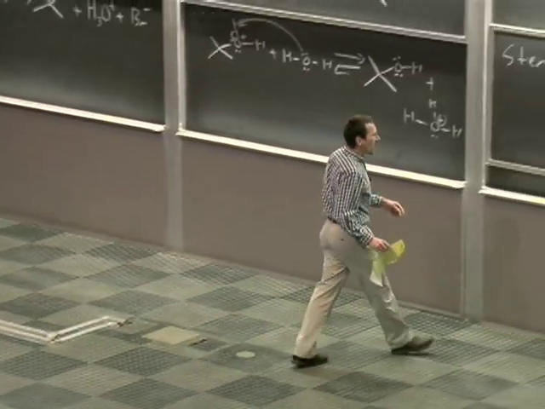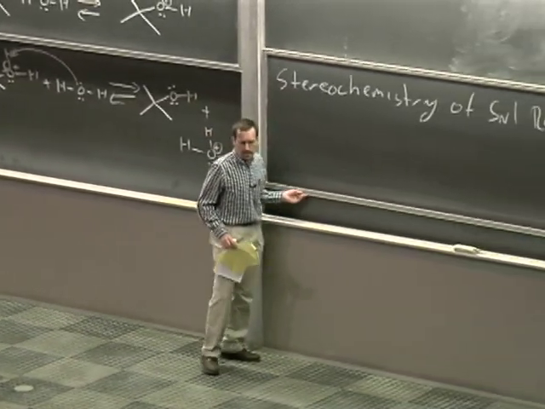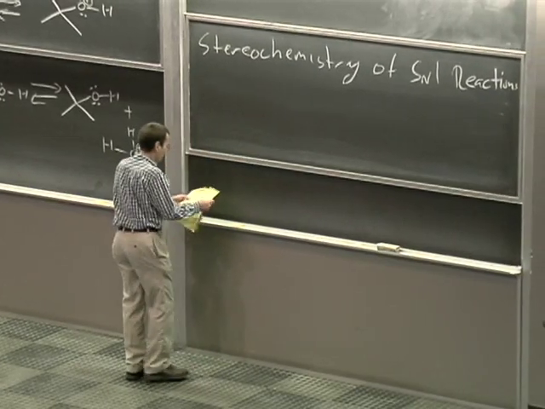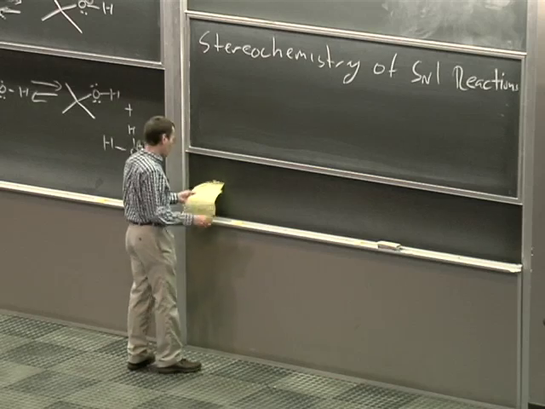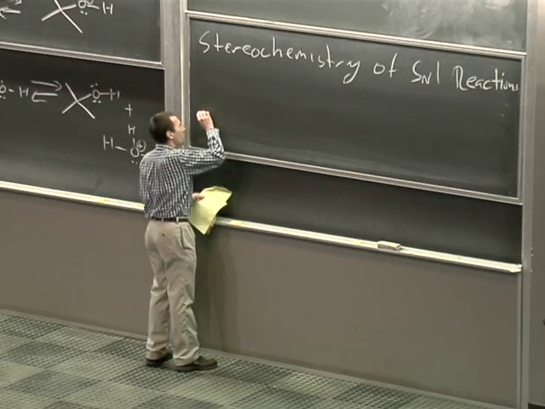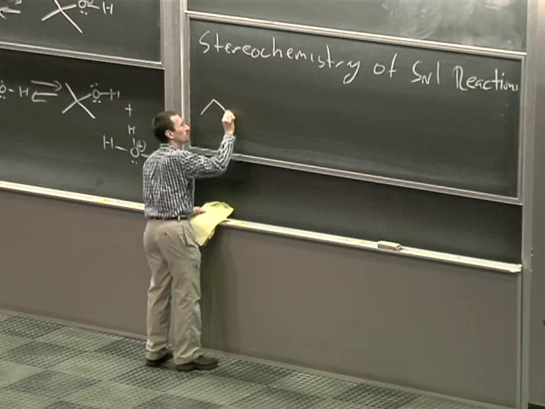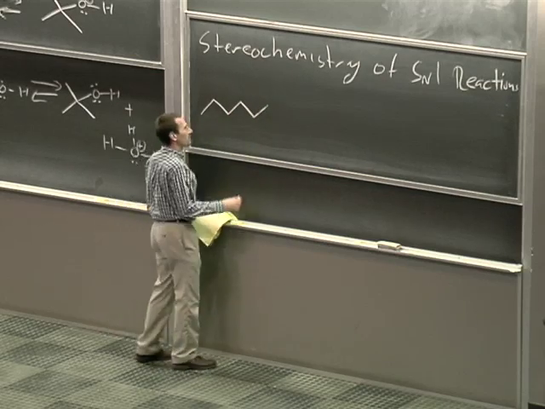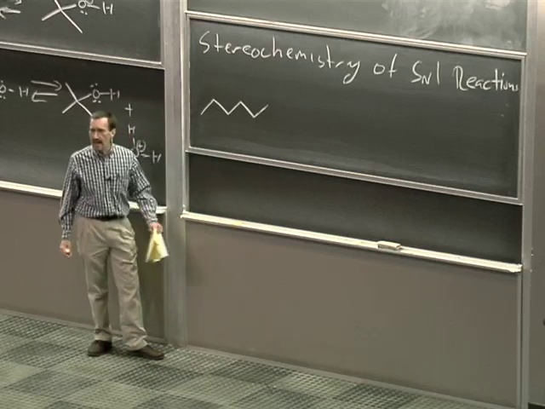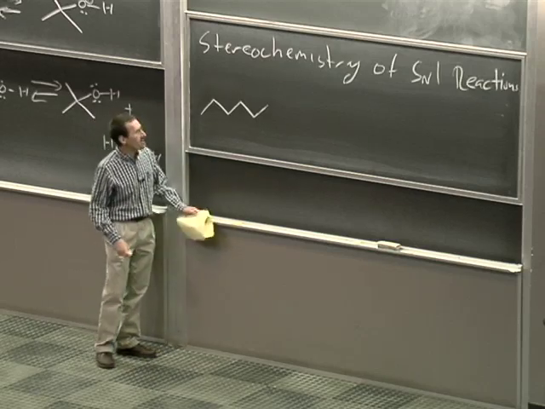Let's take a chiral tertiary halide, and the one that I'll take is 3-chloro-3-methylhexane. And I'll start with just the S enantiomer. So this is specifically S-3-chloro-3-methylhexane.